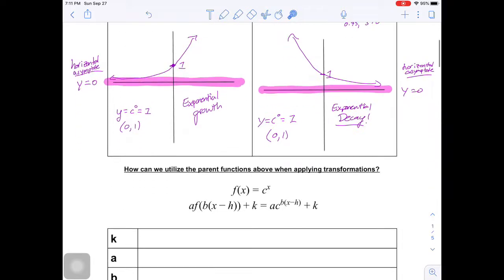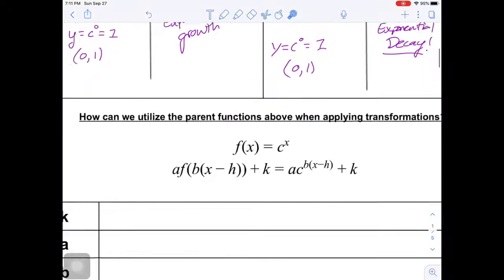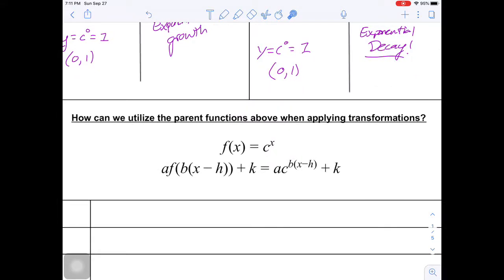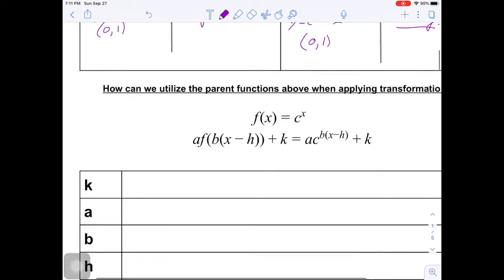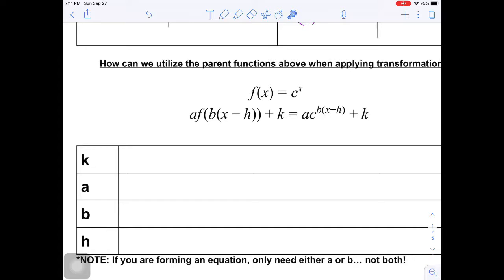Now, let's remind ourselves down here of our general function notation and how we apply it to transforming these parent functions. Let's remind ourselves, the value a here is a vertical stretch by a factor of a.